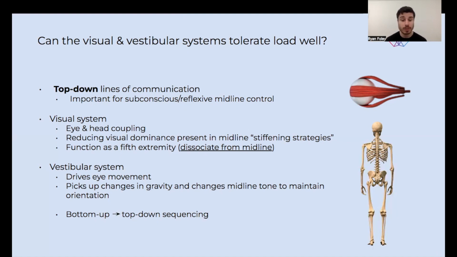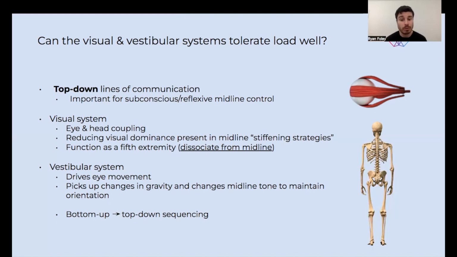So if we look at the visual system, for example, the visual system gives us the capacity to identify the source of forces and potential perturbations in our external environment that may potentially impact our system before they impact our system. So being able to move the eyes relative to the head is key to help our anatomy anticipate those forces that will potentially impact or act on our system.